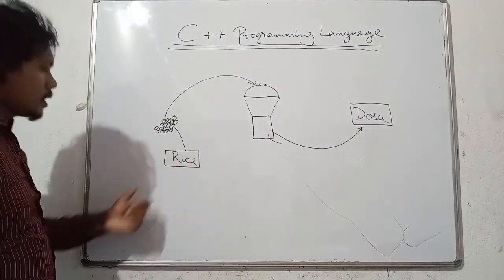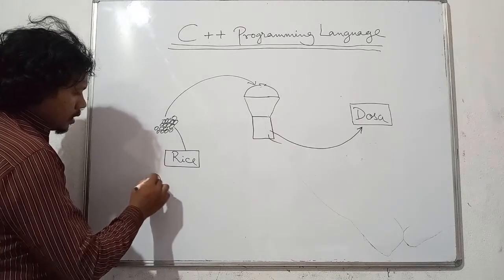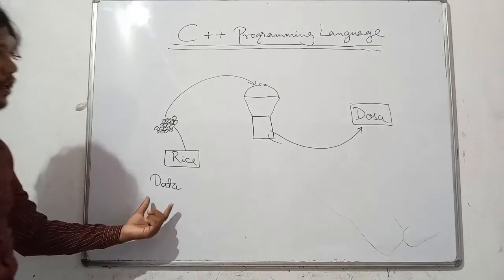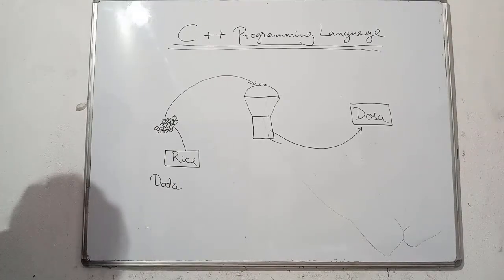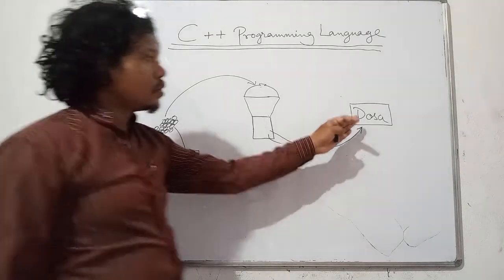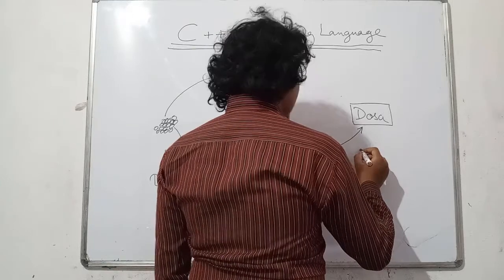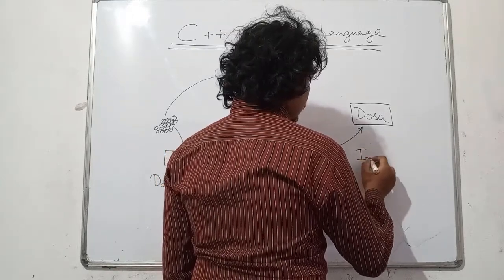So here rice is data, and dosa is information.